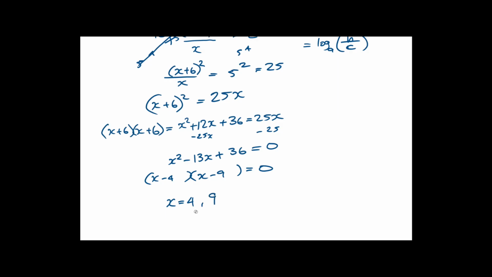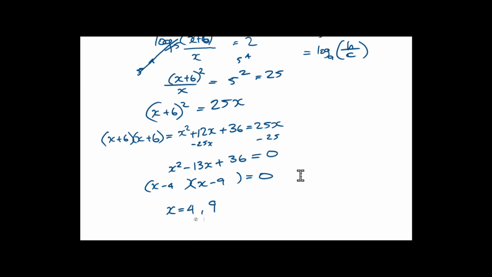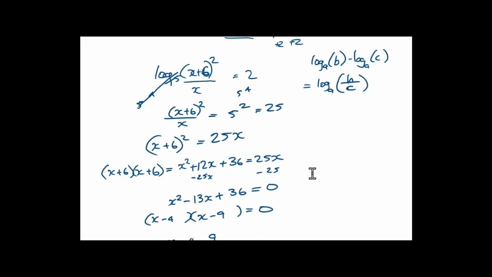Now we're going to need to do a sanity check. At the beginning of this, we started with this. So if we substitute in x equals 4 and x equals 9, are we going to get real answers?